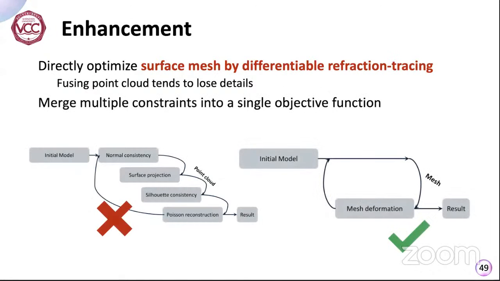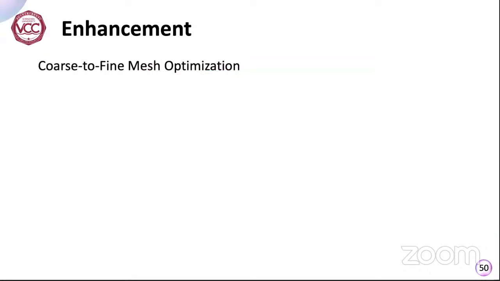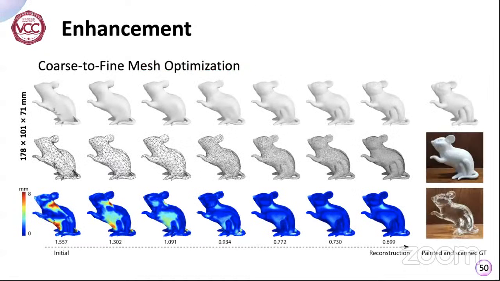Directly using this triangle mesh representation, we successfully merged the multiple constituents I just introduced into a single objective function, which results in a more concise framework, and we can use the DR technique as an optimizer. And in order to accelerate optimization convergence and better avoid local minima, we also propose to optimize this mesh in a coarse-to-fine fashion. So now I'll introduce them in more detail.